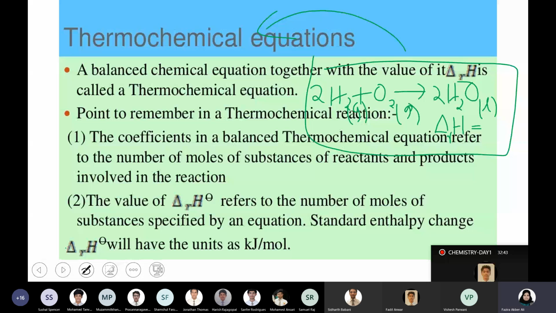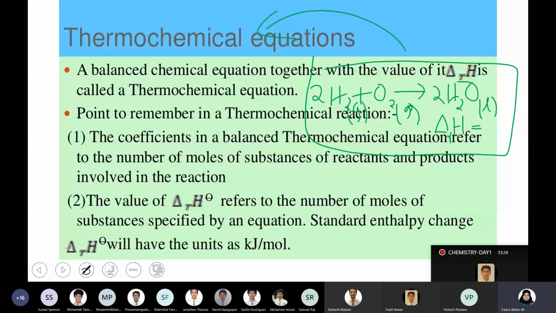A balanced chemical equation together with the delta H value is known as thermochemical because it relates to thermal energy. As in a normal balanced equation, the coefficients mean, in the case of H2O, that 2 moles of hydrogen and 1 mole of oxygen react to form 2 moles of H2O.